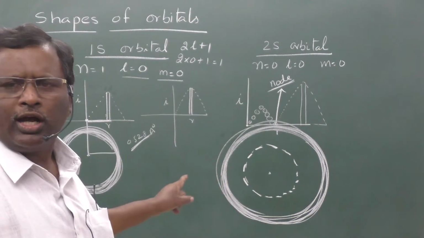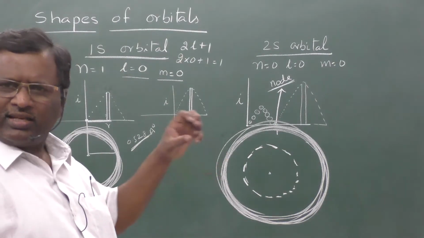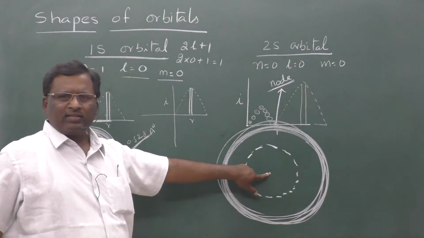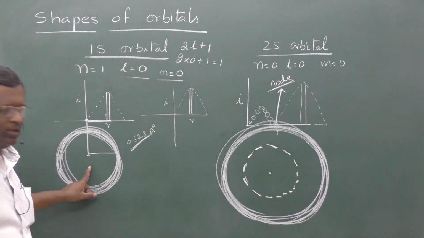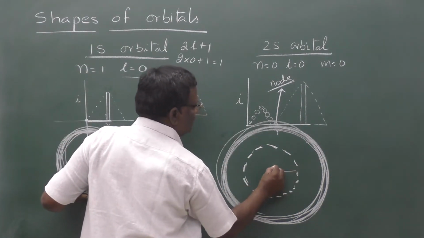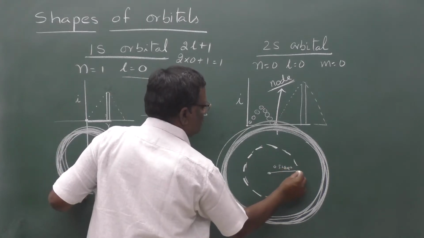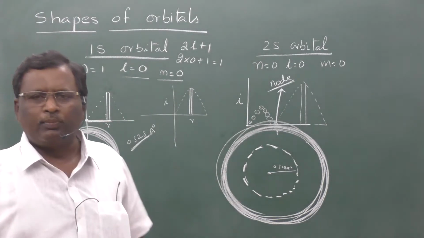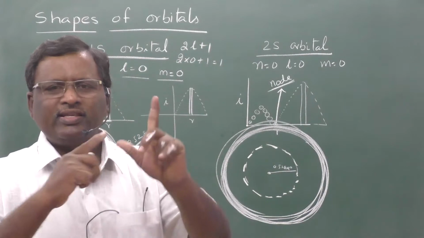What is the reason? The reason is that it is the space where the 1s electrons' probability is maximum. That means the region from radius 0.529 angstroms is the region where 1s electrons are present. That region is called the nodal region.